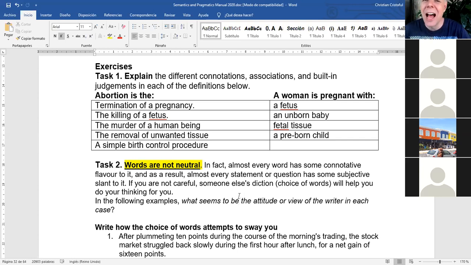Because of the feelings associated to that string of sounds. Or when people write horrible things to another person, the writing conveys very strong emotions. Those are connotations, and that is why it says words are not neutral.